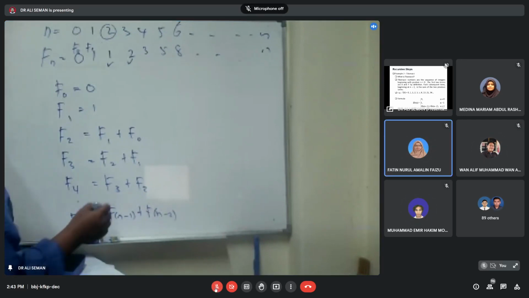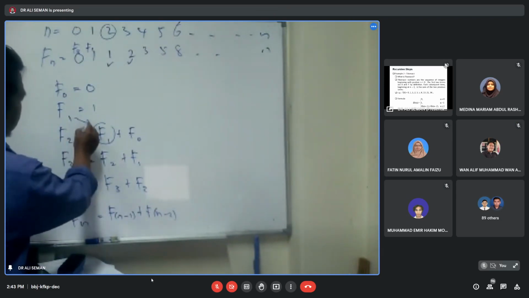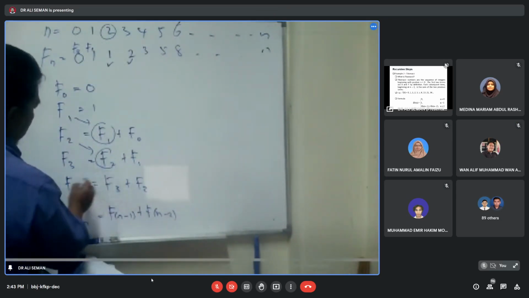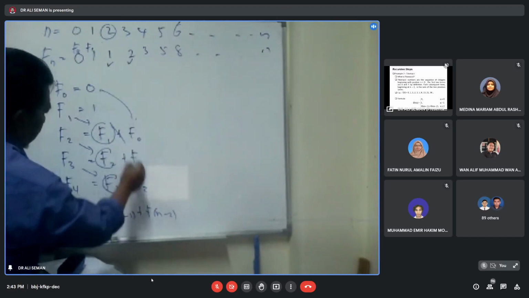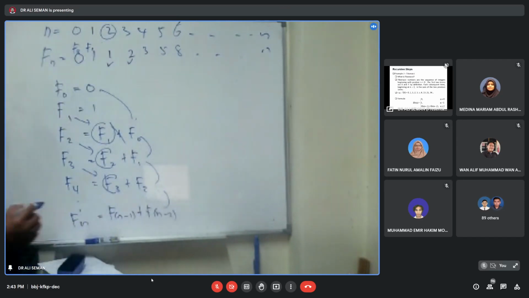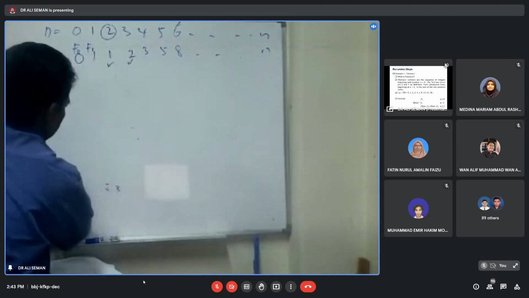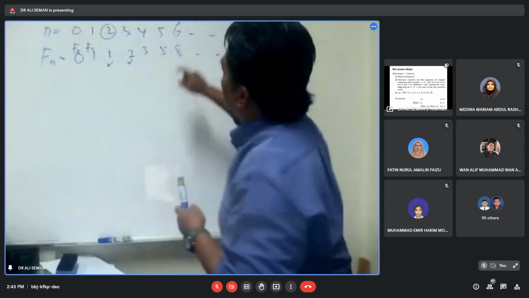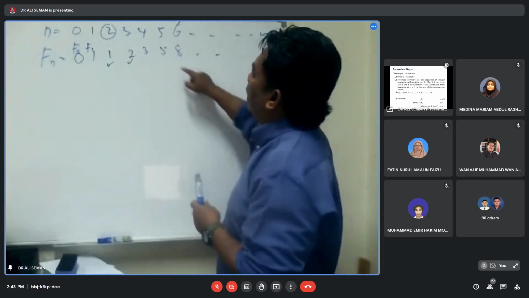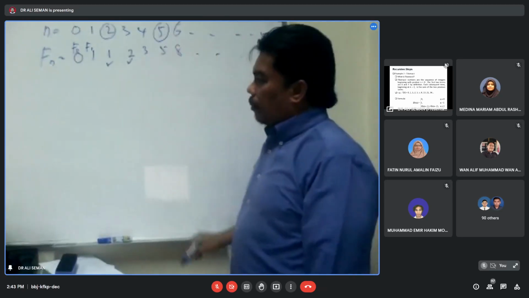If you notice, this is a recursion. This is a recursion, and this is also a recursion, and finally this is recursive. Or you may look at it from this graph. Let's take a simple 5, Fibonacci 5.